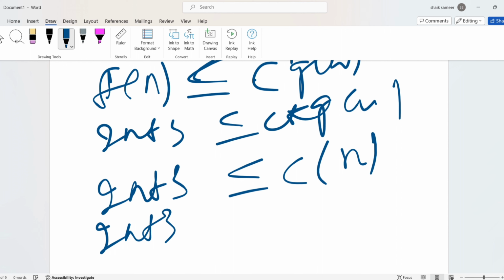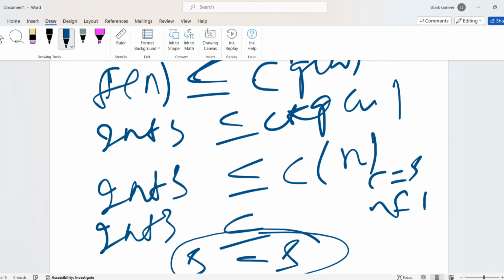If I substitute c equal to 1 and n equal to 1, I cannot get the answer. If I substitute c equal to 1 and n equal to 2, I cannot get the answer. If I substitute c equal to 5 and n equal to 1, this condition gets true. So 5 less than or equal to 5. This condition gets true in big O notation.